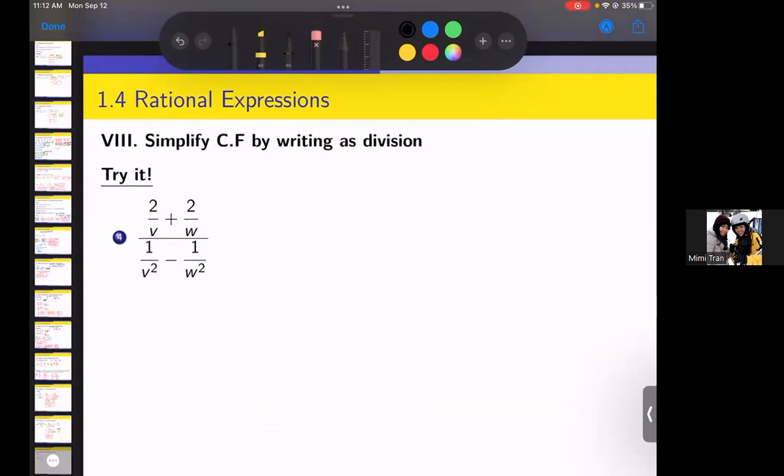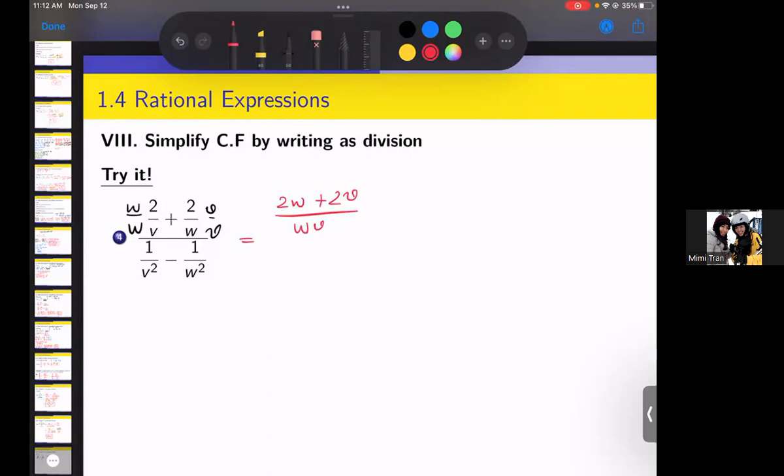This one is missing W over W. This one is missing V over V. So I have 2W plus 2V over WV or VW, doesn't matter.